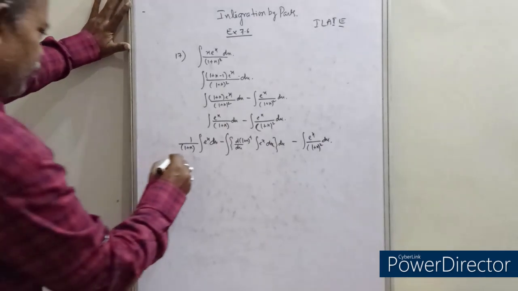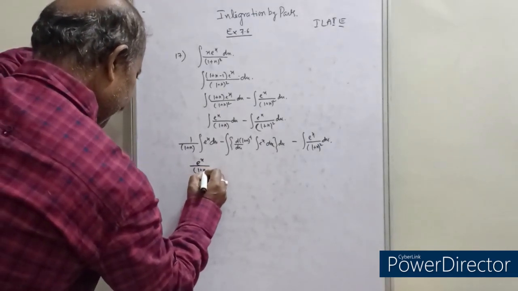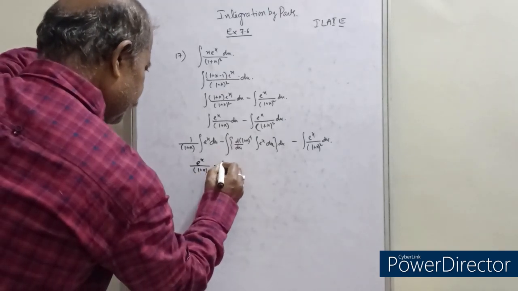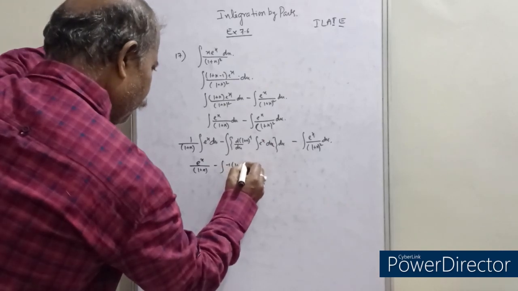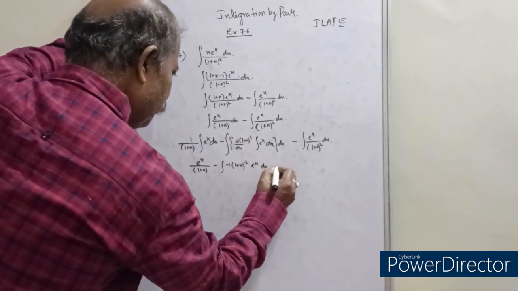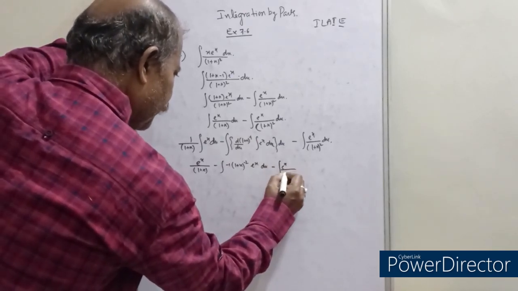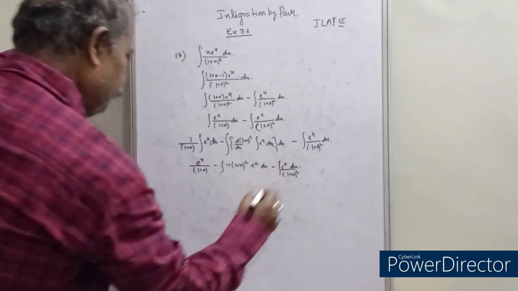Now here you see this will be e to the power of x by 1 plus x minus, this will be minus 1 plus x to the power of minus 2, e to the power of x dx, and minus e to the power of x by 1 plus x the whole square dx.